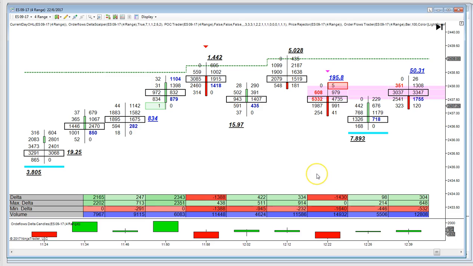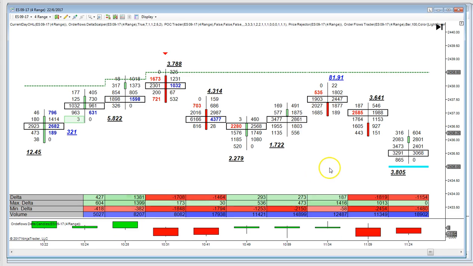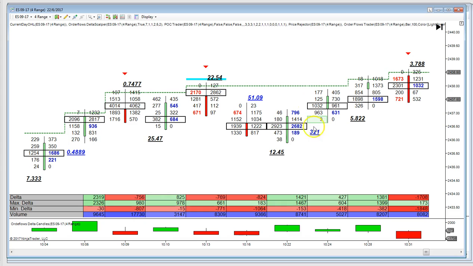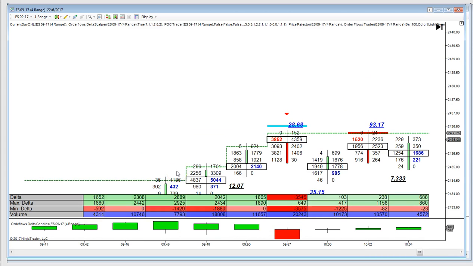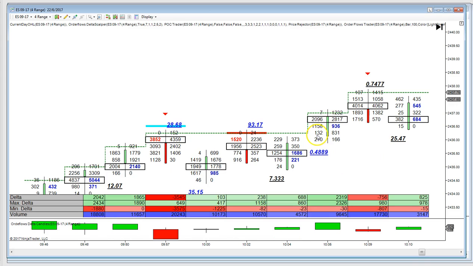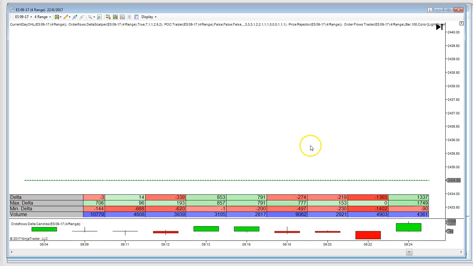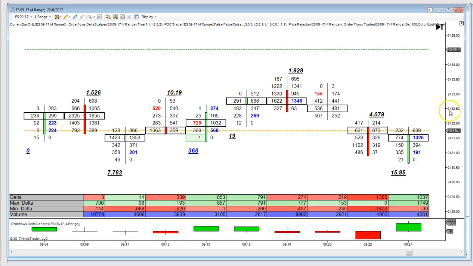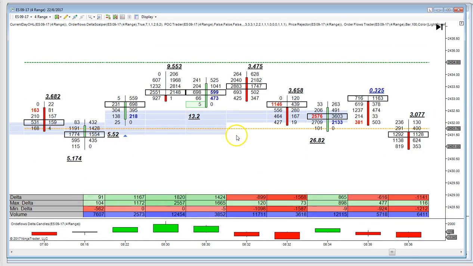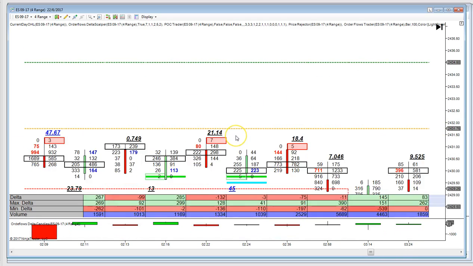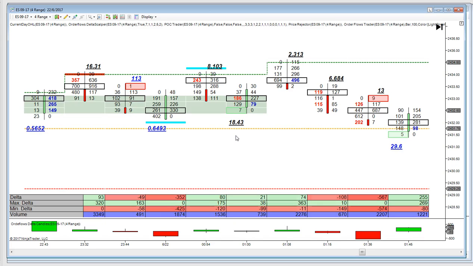Okay, so again, it's not really showing that delta decreasing here. I'd love to show you a picture perfect example, but unfortunately there really wasn't one today. But again, nothing is ever picture perfect in the market. As a trader, you're making the best decision with the information that you have.